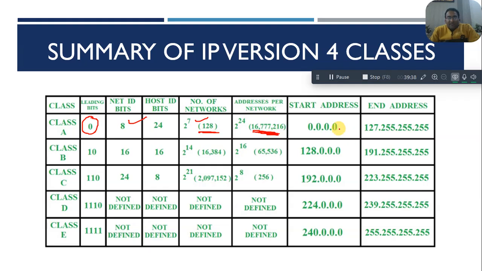The address range is 0.0.0.0 to 127.255.255.255.